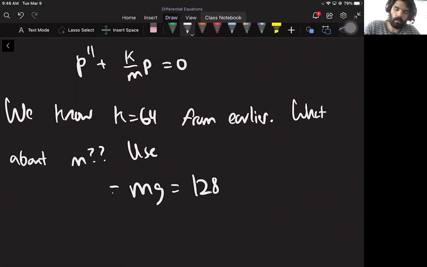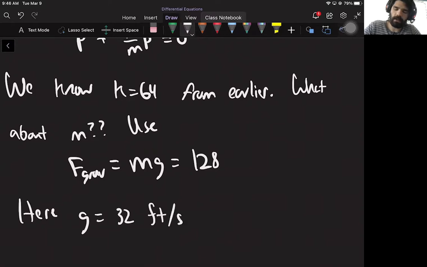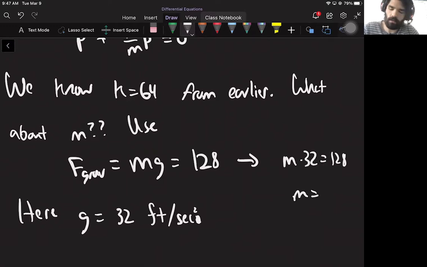So all we're doing is this again. But we also know what the G constant is, but now we're in non-metric units. So it's not 9.8, it's 32 feet per second squared. Instead, when you're using feet, this is what G is. So M times 32 equals 128. So now I can figure out that M is 4. I can plug that in.